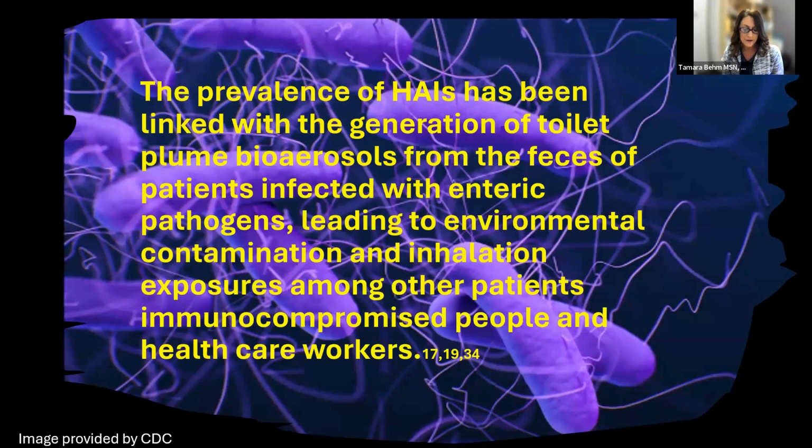Pseudomonas can live on a dry surface for 6 hours to 16 months. And staph, including MRSA, can live for 7 days up to 12 months. And the ever-living norovirus can live 8 hours to greater than 2 weeks.